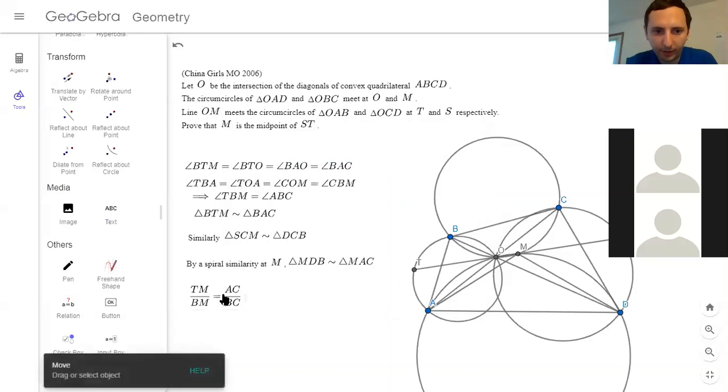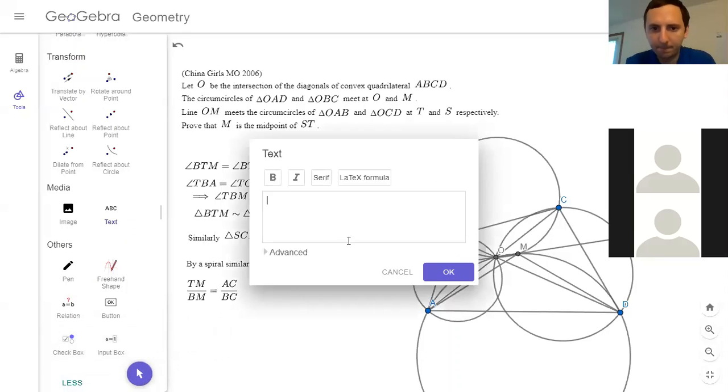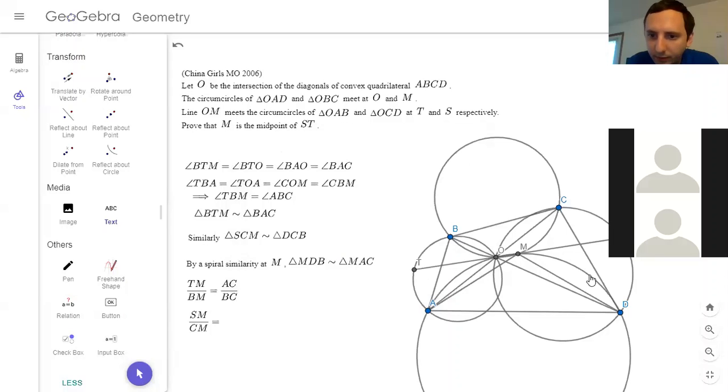And then we also have SM over CM is equal to DCB.